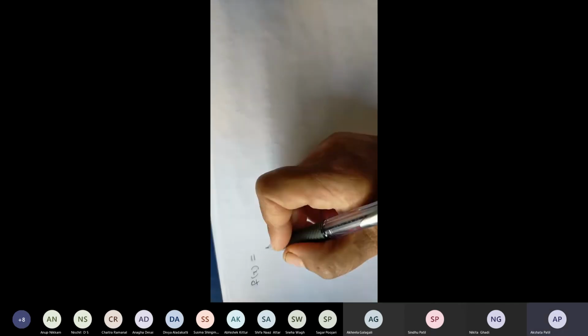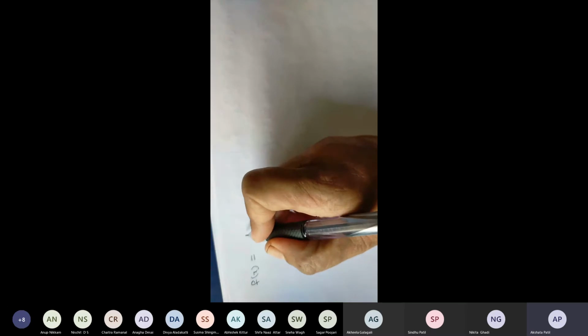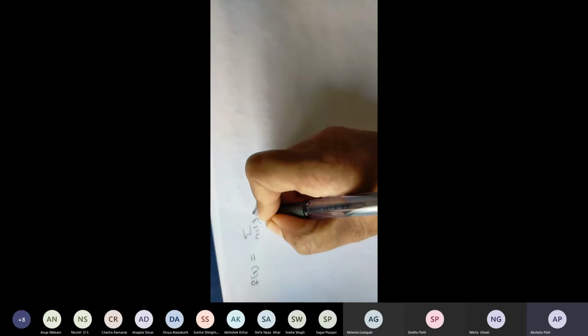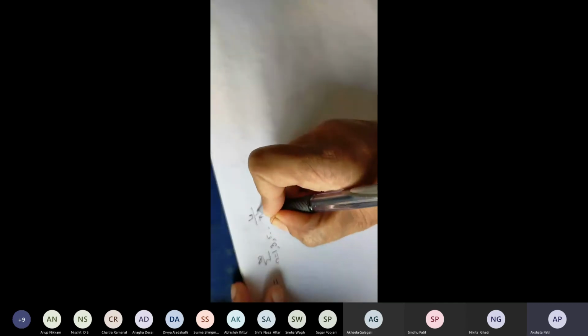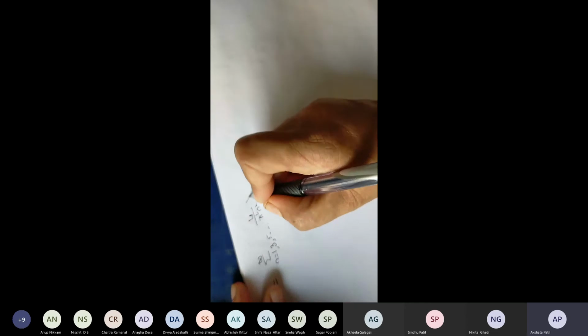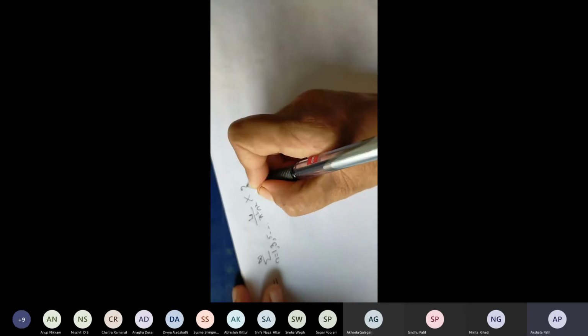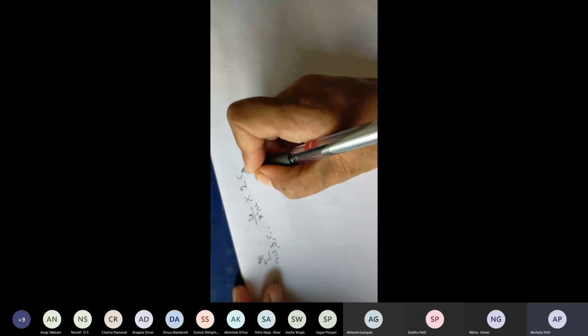So here we can write f of x equals the summation over n equals odd, 1, 3, 5, so on to infinity, of 4 by pi square n square into 1 minus minus 1 raised to n, and in place of that we can write 2, times cos of nx.